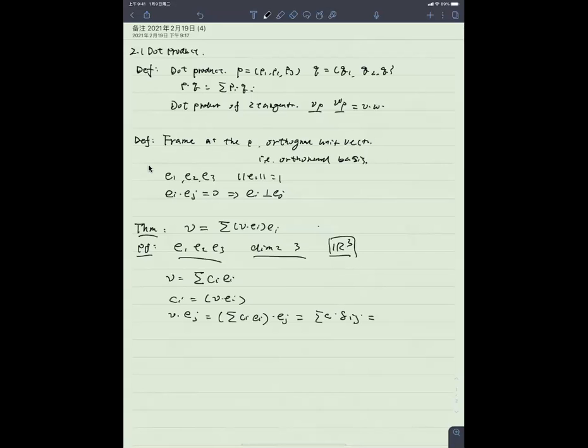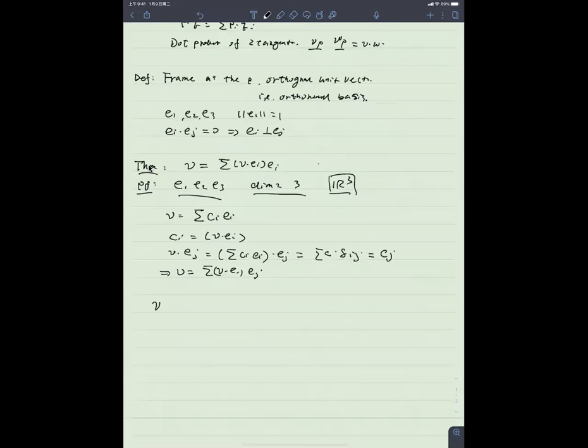Suppose we can express V in this way, then we get this, and we are only left with cj. So we prove this theorem.